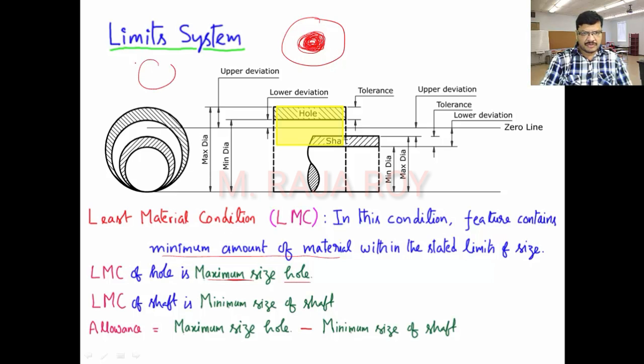This is the shaft. I have to get least material, which means I have to do the machining and increase the depth of cut. Then automatically the shaft diameter will become minimum. So for the shaft, it is the minimum size shaft. For the hole, it contains least material, which means the hole size will increase, maximum hole. So maximum hole minus minimum shaft, that is the allowance in LMC, the least material condition.